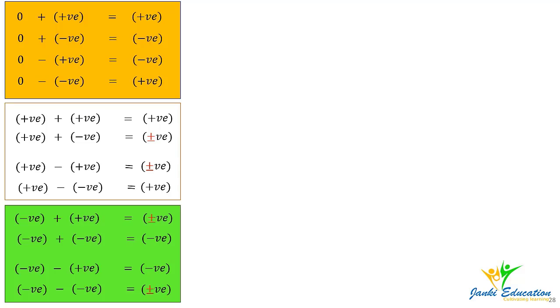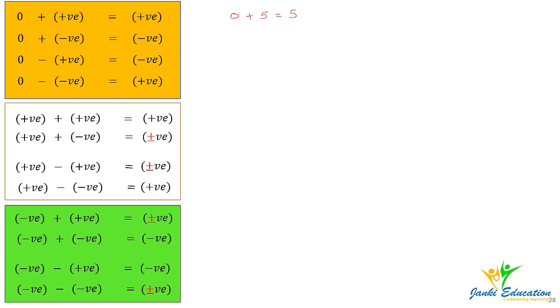So first of all, let's start with this first example. 0 plus positive is equal to positive. I will be taking one example for each, and wherever it is necessary I will take two examples. So first of all, here 0 plus positive, take any number, say 5. So the answer is equal to 5, which is positive only.